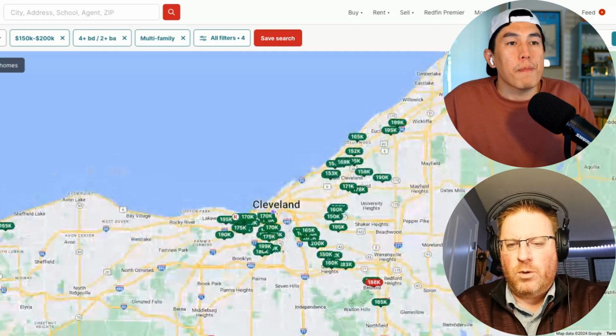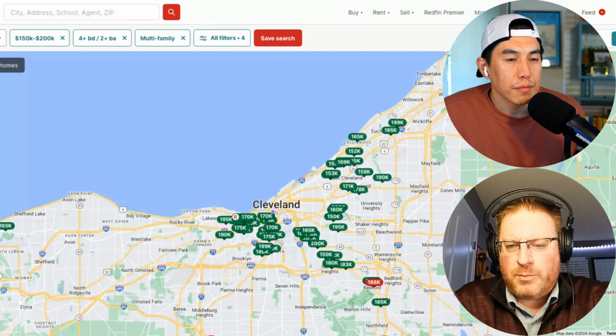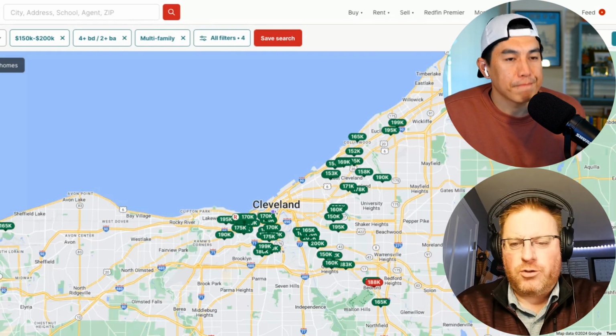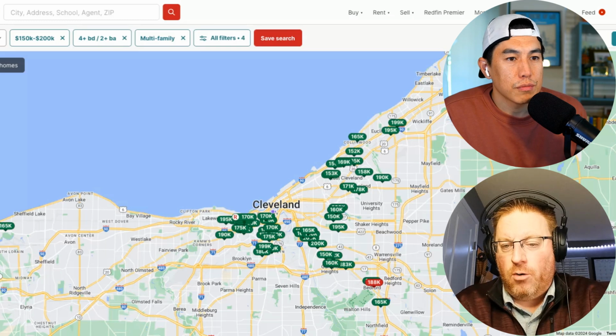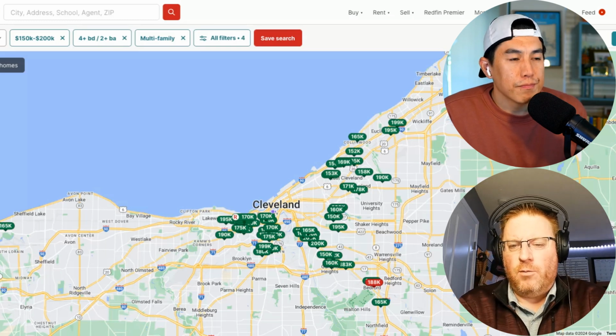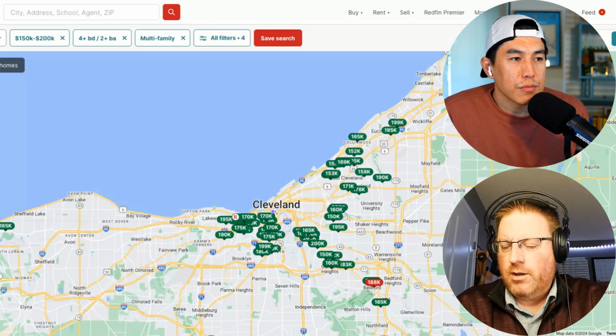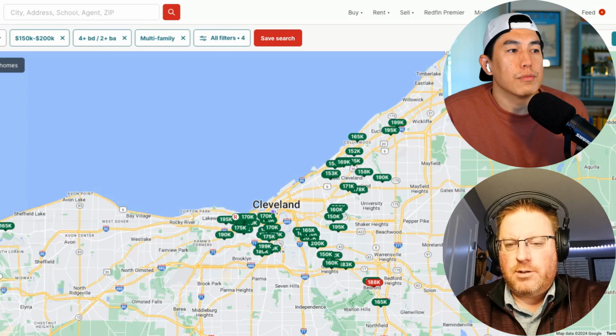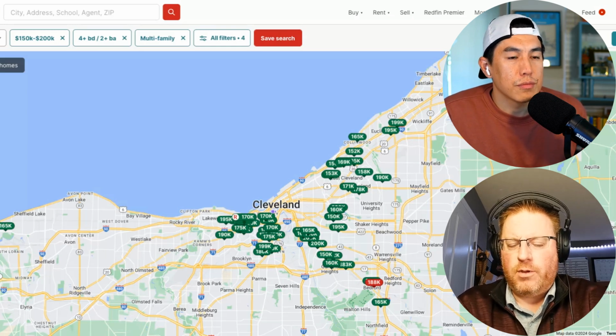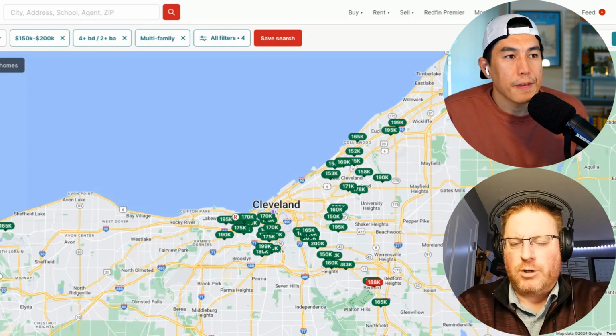Those are the types of things that we need to see in an old Rust Belt city like Cleveland, like Detroit, some of these Midwest cities and towns where our properties are very old, right? So we need some of that revitalization. Driving through some of these areas of both sides of town, I'm really happy to see some really nice growth and revitalization.